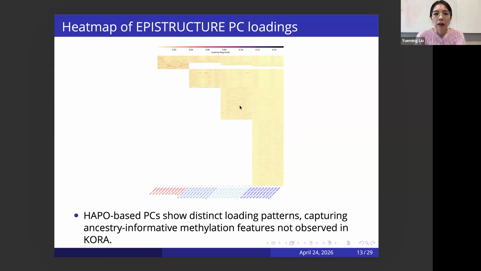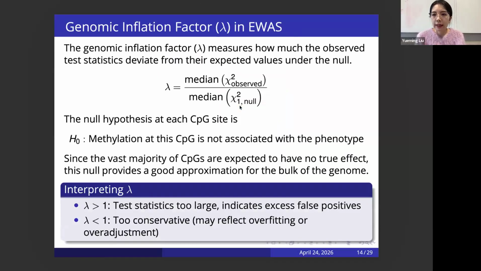We evaluated the EWAS performance using the genomic inflation factor. Lambda measures how much the observed test statistics deviate from their expected values under the null. For each CpG site, the null means that the methylation at this CpG is not associated with the phenotype. Since the vast majority of CpGs are expected to have no true effect, this provides a good approximation for the bulk of the genomic inflation.